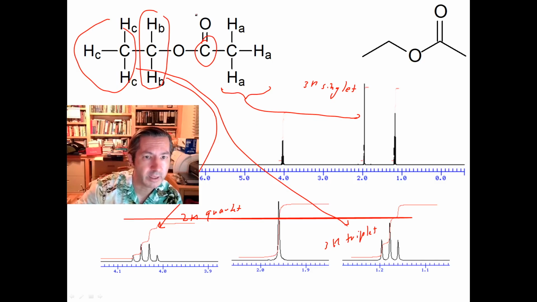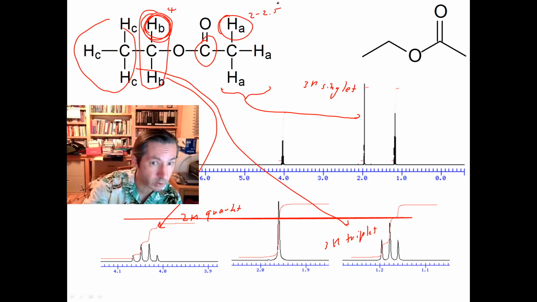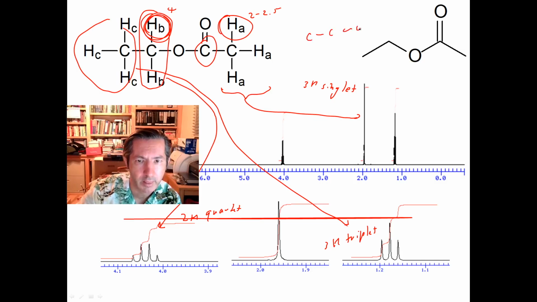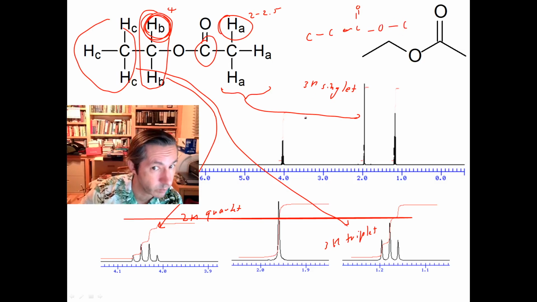And when you look on your correlation table, you'll see a hydrogen in this position right here will show up around 4. A hydrogen in this position will be around 2 to 2.5 according to our correlation table. So we go back to our correlation table to break a tie. If we switch this around so that we had carbon, carbon, then a carbonyl, then an oxygen and a carbon, we would see that our singlet was showing up at 4.